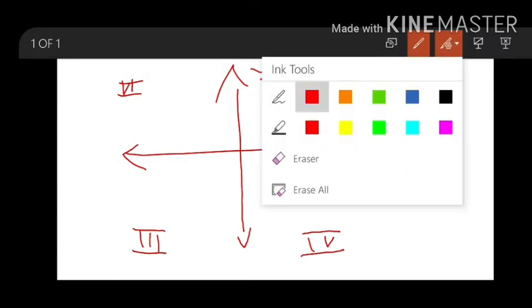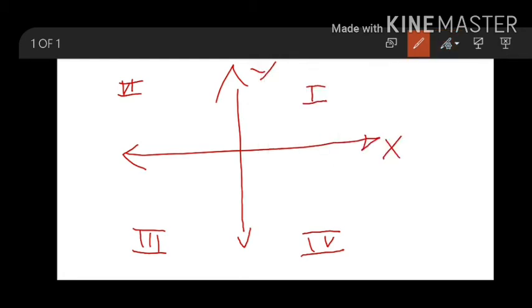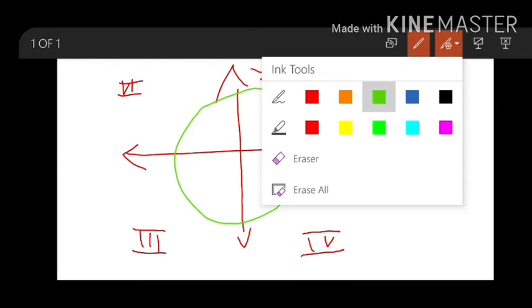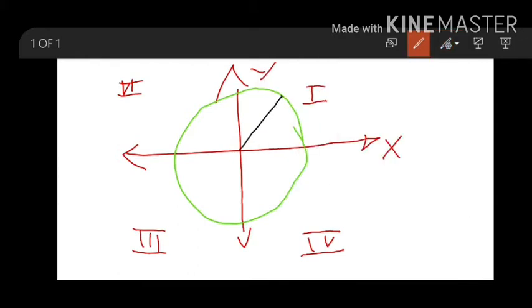So हम ये फोर क्वाड्रेंट में, फोर पार्ट्स में ट्रिग्नोमेट्रिक रेशियोज कैसे वेरी करता है वो देखेगा. सो फॉर दैट लेट्स टेक a one unit circle. With the help of unit circle we'll see all the trigonometric ratios, so how their value will differ. Okay, so for that let me draw one right triangle.